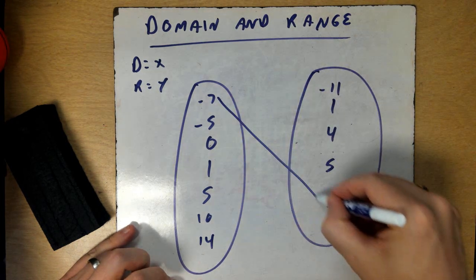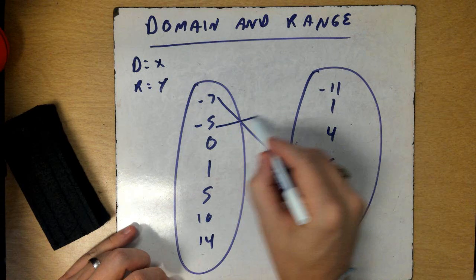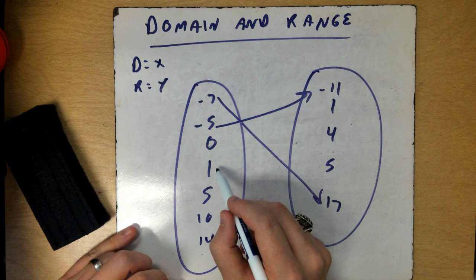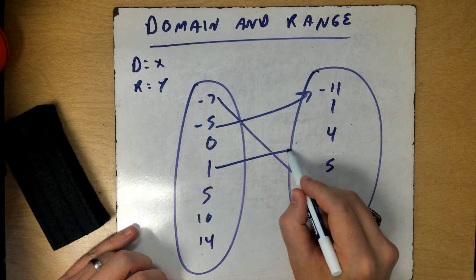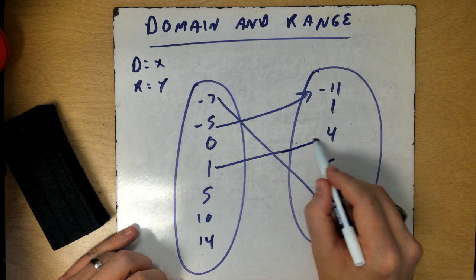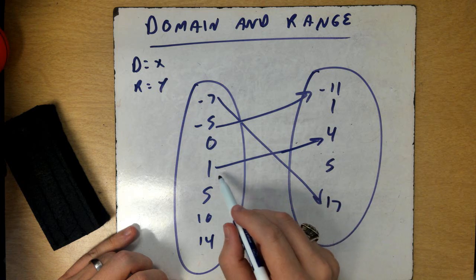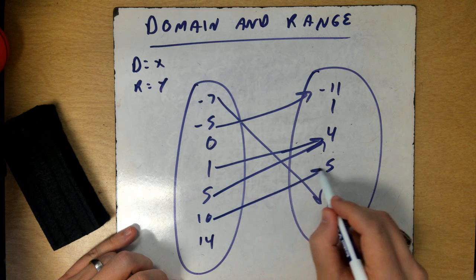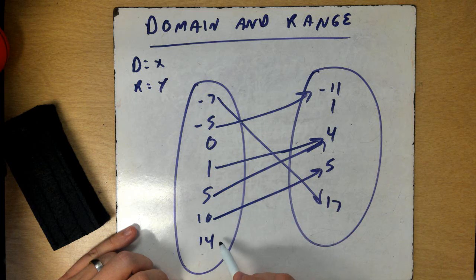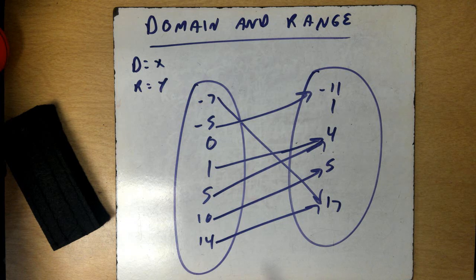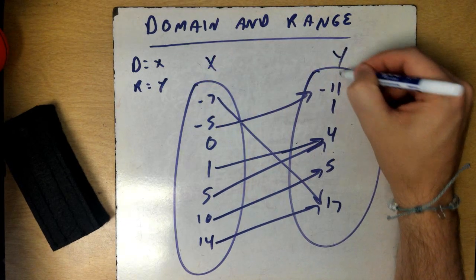Let's say that goes here, that goes here, just follow along with me here. That goes there, also goes there, that goes there, and that goes down here.